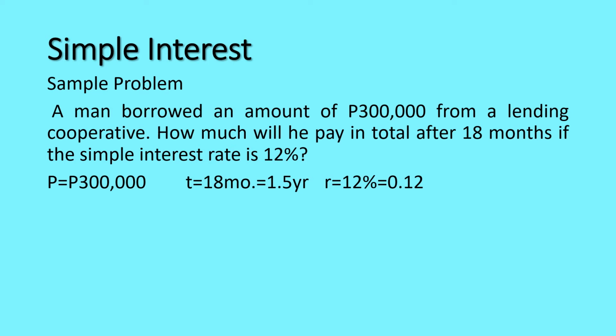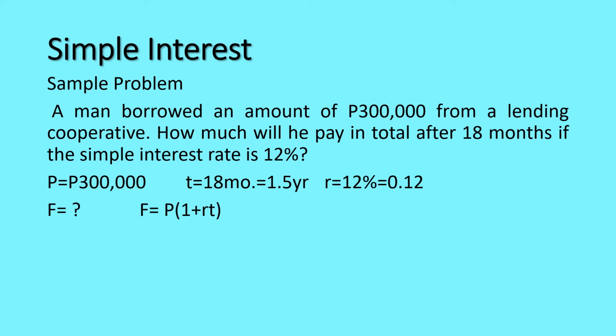The time given is 18 months. So if we convert 18 months into years, that is simply dividing 18 months by 12 months, that will be equal to 1.5 years. And then the simple interest rate is 12%, or that is equal to 0.12 in decimal values.